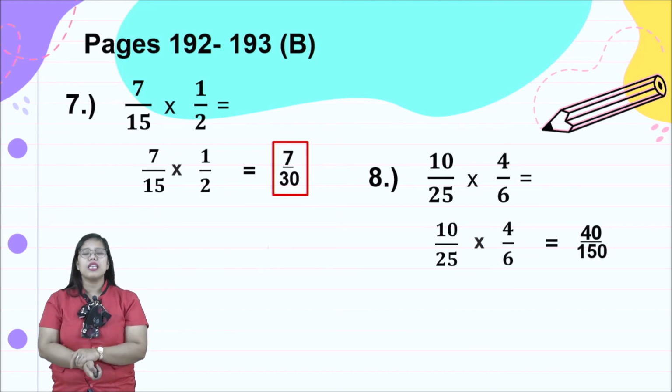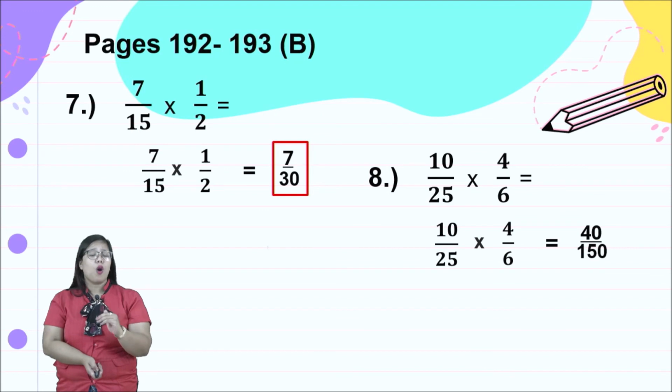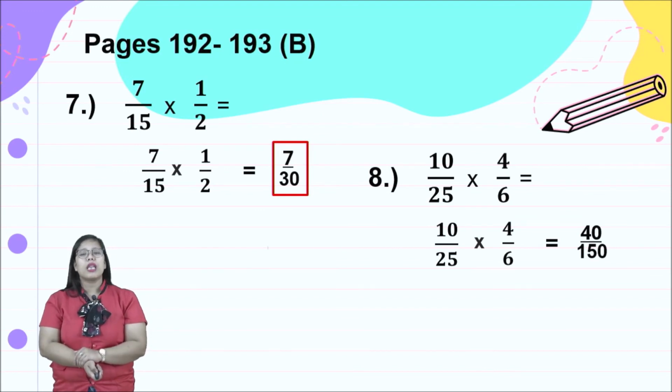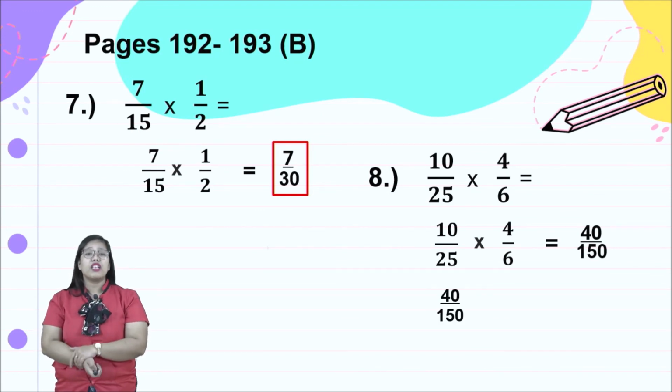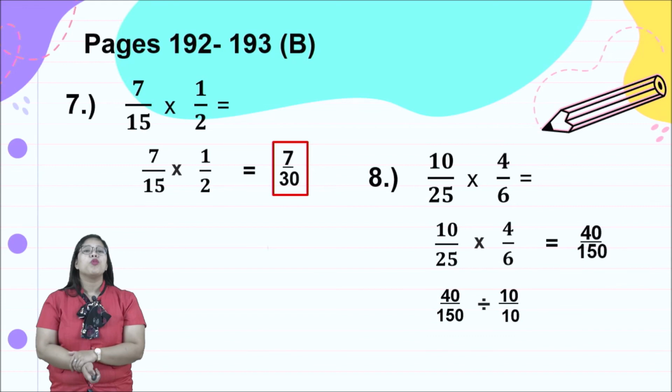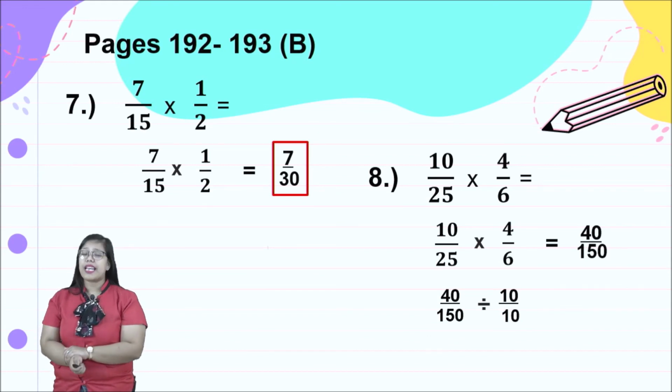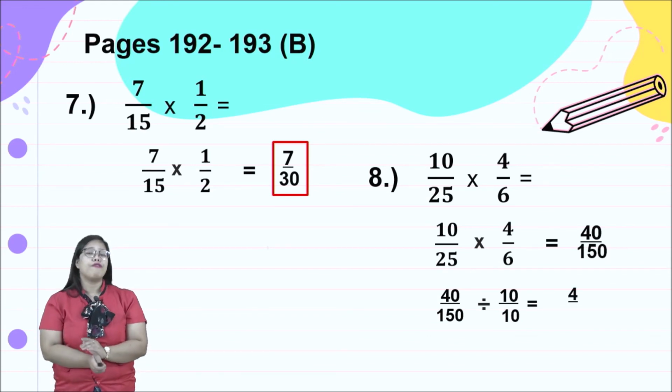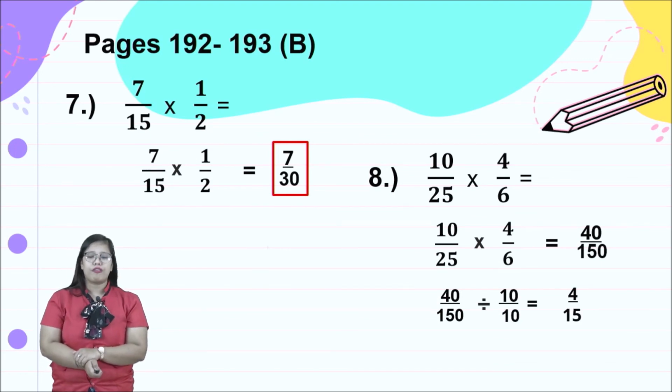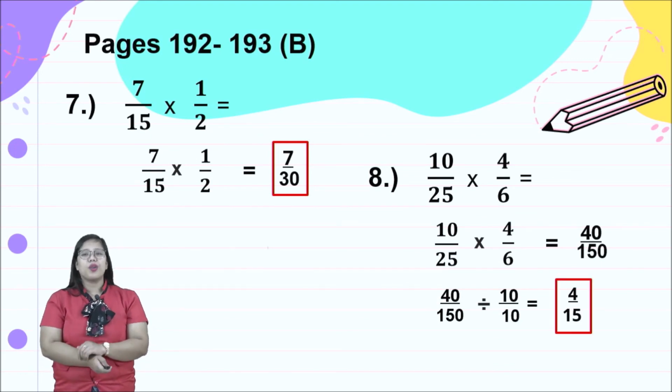As you can see, kids, 40 over 150 can be expressed in lowest term by dividing their GCF. And their GCF is 10. So 40 divided by 10, we have 4. And 150 divided by 10 is 15. Very good. So the answer is 4 over 15.